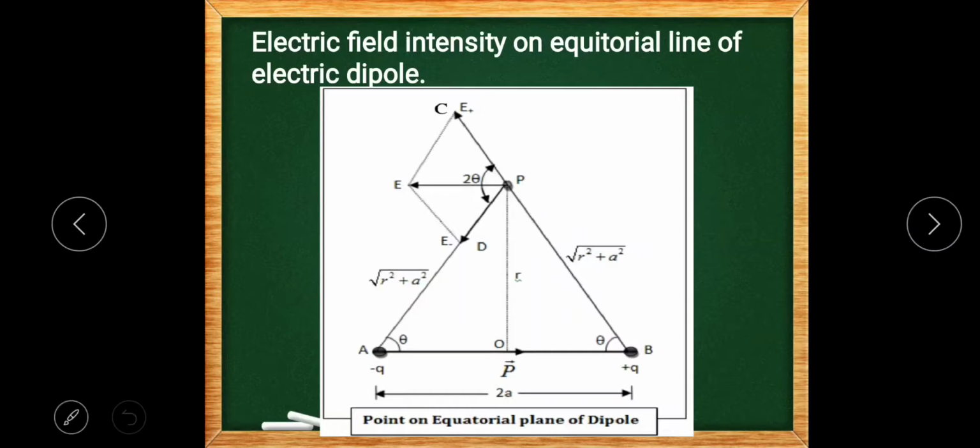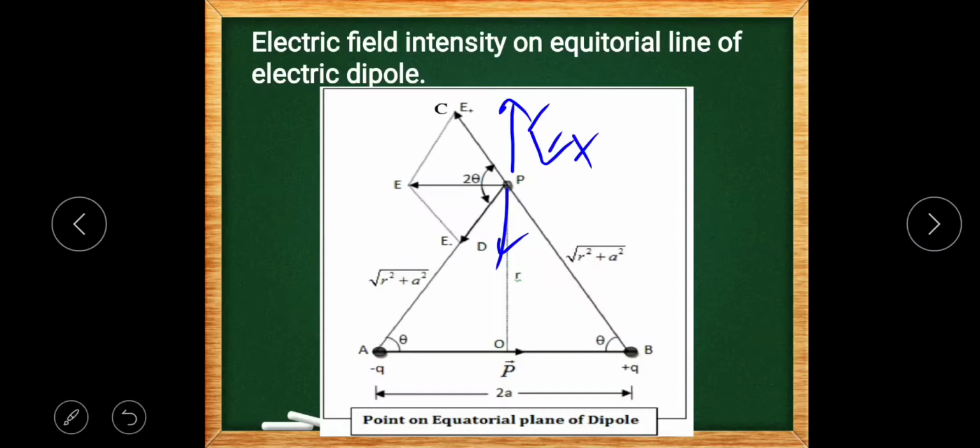In the diagram, if you consider the resultants of these two, this is one component and this is another component. This is E plus sin theta, and this is E minus sin theta.